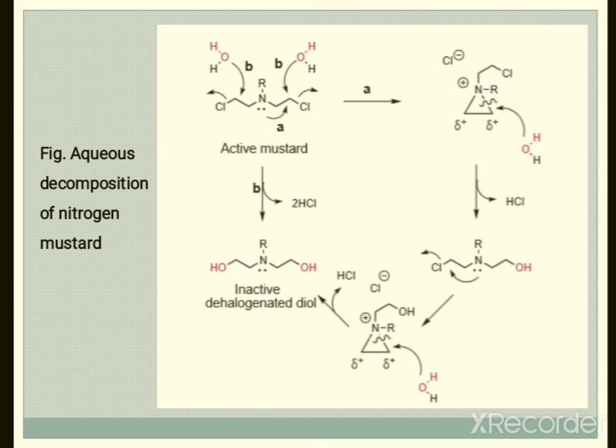Further, the nitrogen has a lone pair, so it attacks the beta carbon, HCl is removed, and an aziridinium ion forms again. This again comes in contact with a water molecule and forms the inactive dehalogenated diol. This is the process of decomposition of nitrogen mustard. Just practice this, it is important for your examination.